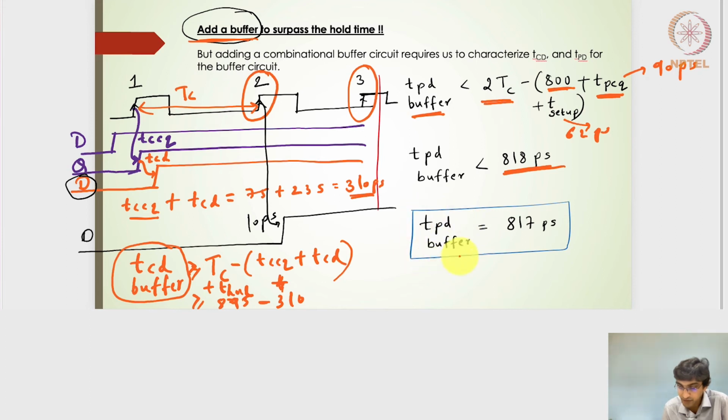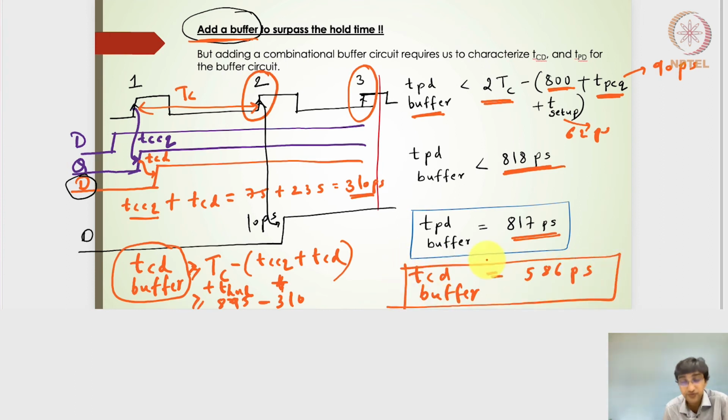So the TPD of the buffer we can have as 817 picoseconds, and I'm going to write here the TCD of the buffer, which we are going to add after the fourth combinatorial circuit. So I can choose 586 picoseconds.